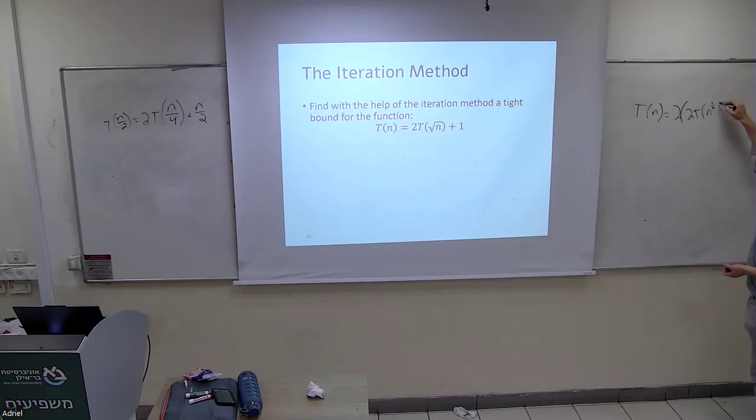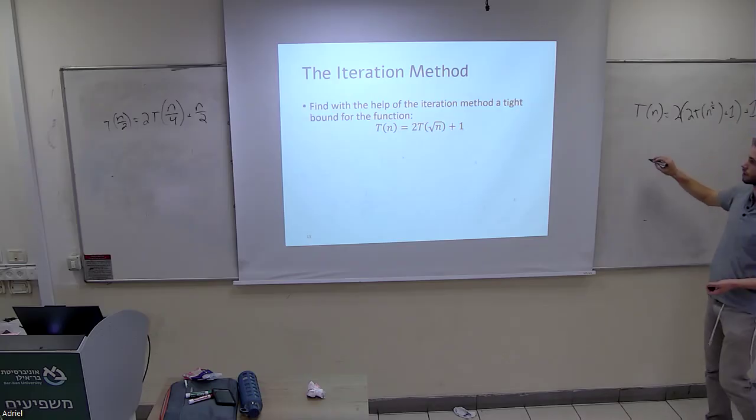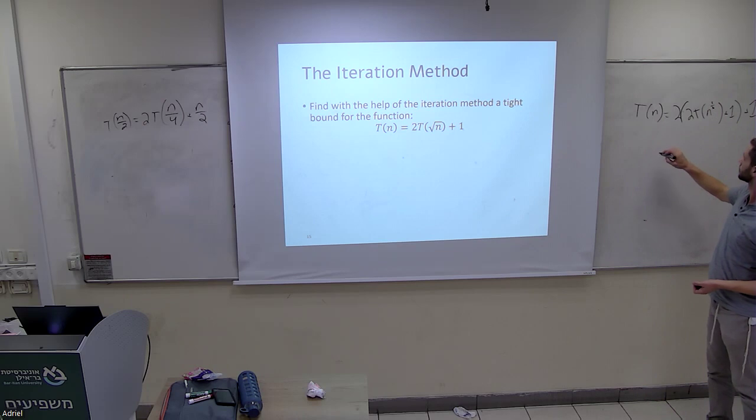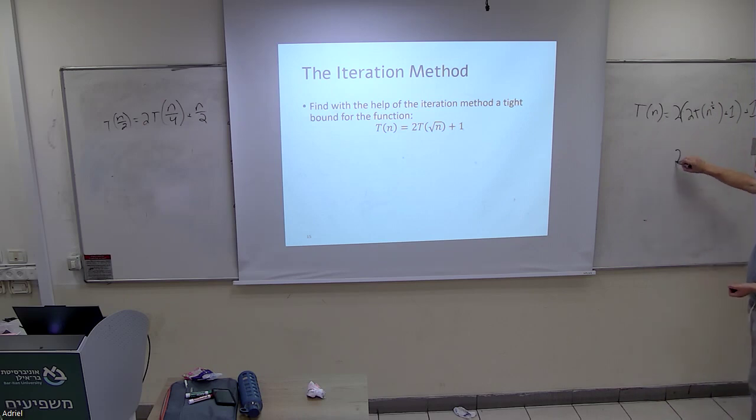4 of plus 1 plus 1, and then you continue so on and so forth until you get to a formula, right? You get to this, probably being 2 to the power of i times T(n / 2 to the power of i), plus, I think it's plus 1.